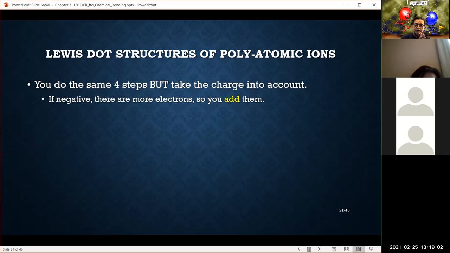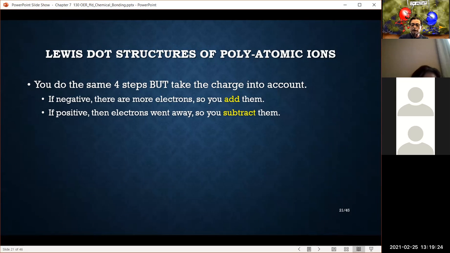Now, the next thing is, if it's a negative polyatomic ion, an anion, you need to add electrons. So if you have -1 charge, you add 1. If you have -3 charge, you add 3. If it's positive, we take away from the valence shell the number of its charge.